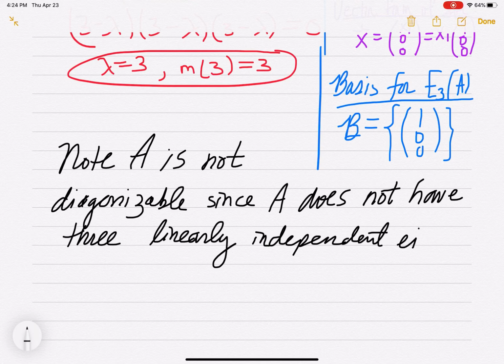We only have one, right? So you have to have 3 when you're dealing with a 3 by 3 matrix.